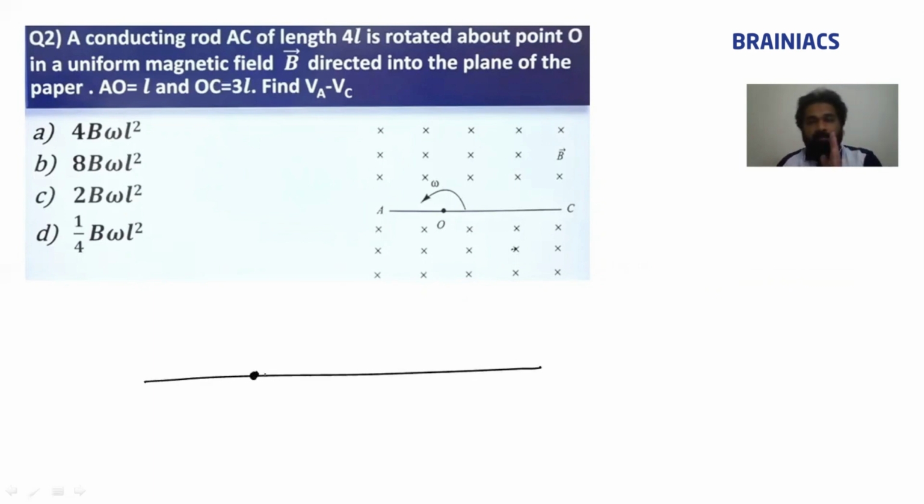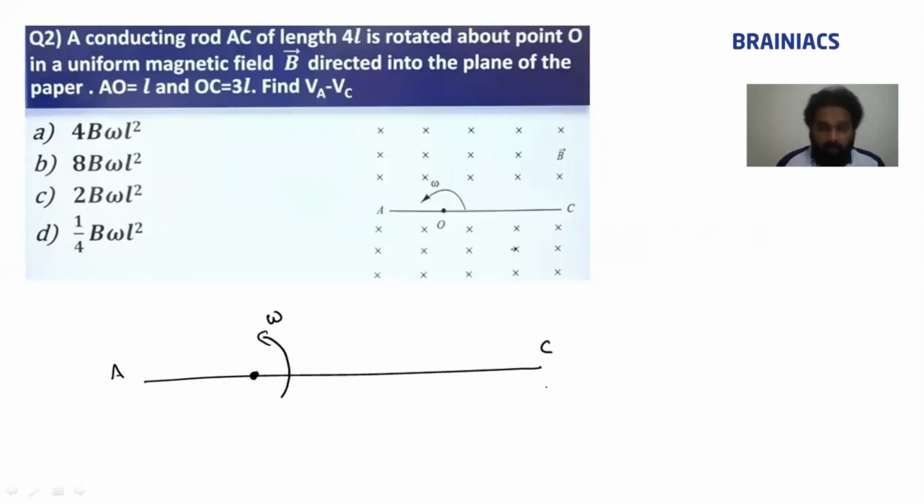The pivot, the hinge, is between A and C. Suppose this is C and this is A, and the rotation is in this direction.